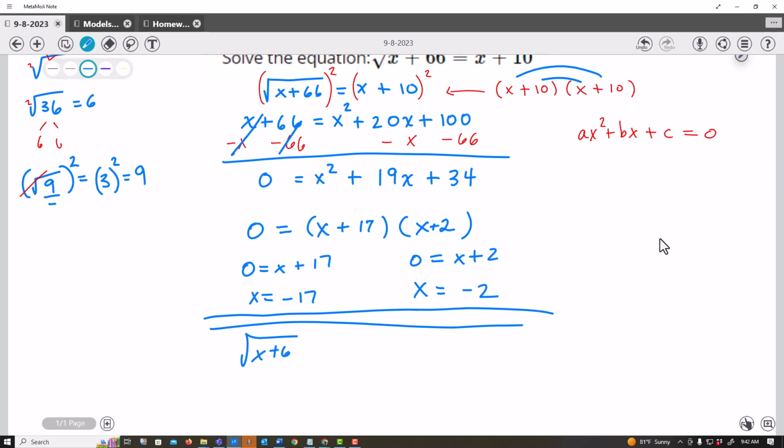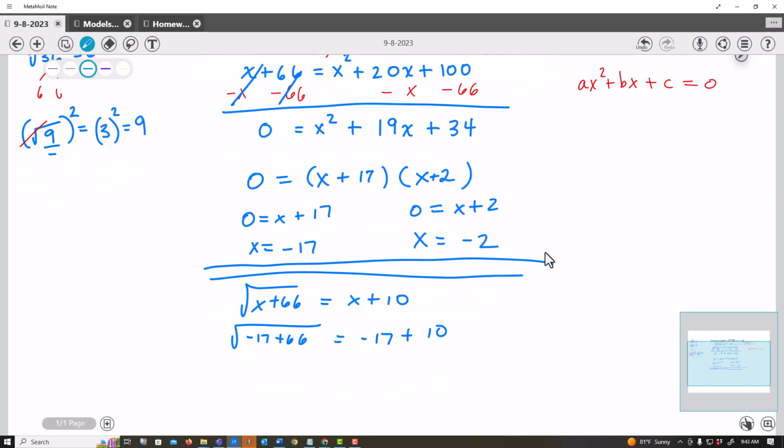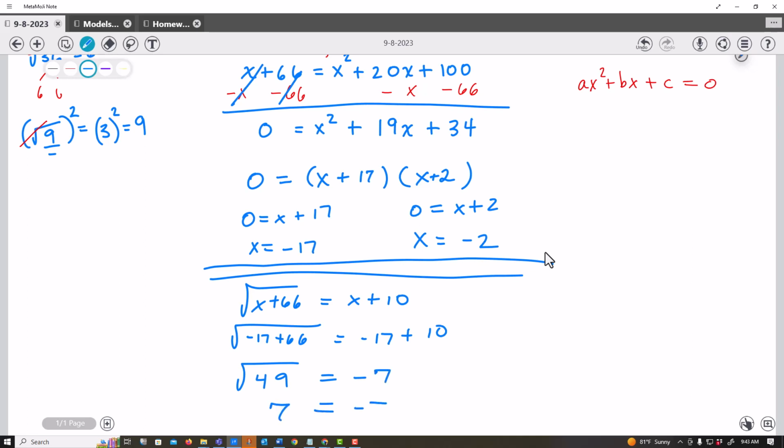So the square root of x plus 66 equals x plus 10. If I plug in this negative 17 plus 66, negative 17 plus 10, notice that now I'm going to get 49, but over here I get negative 7. Well, the square root of 49 is 7, and that doesn't work.